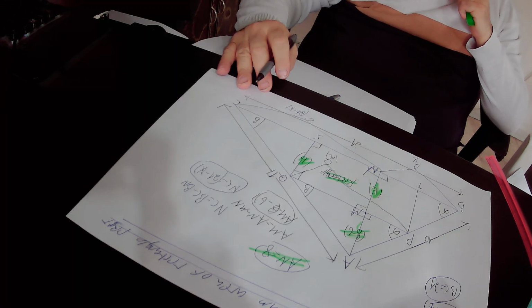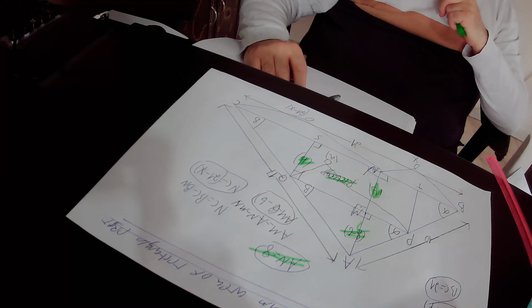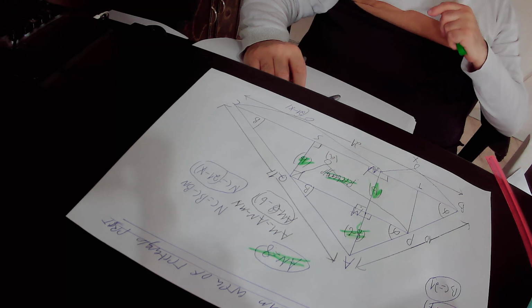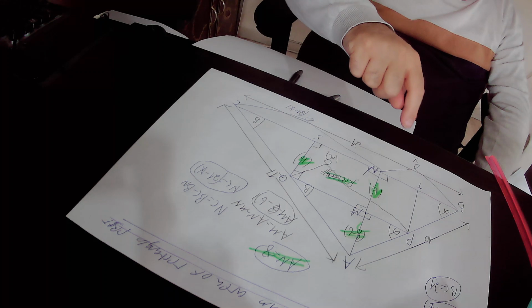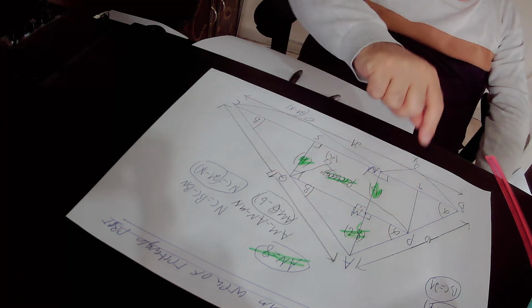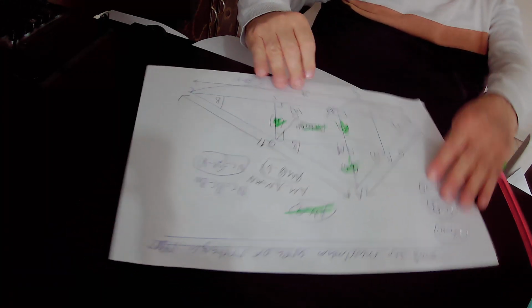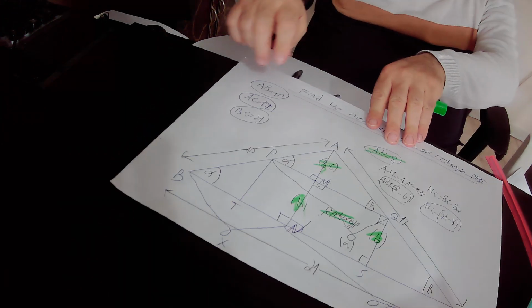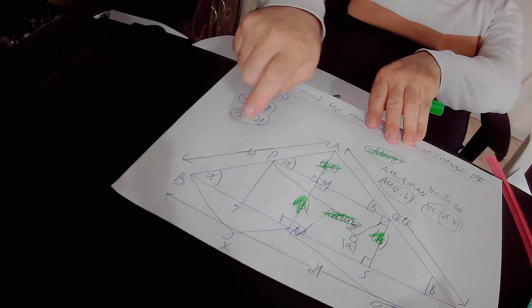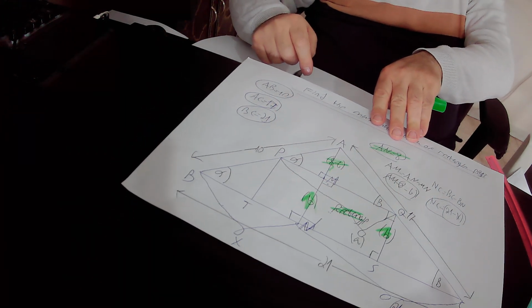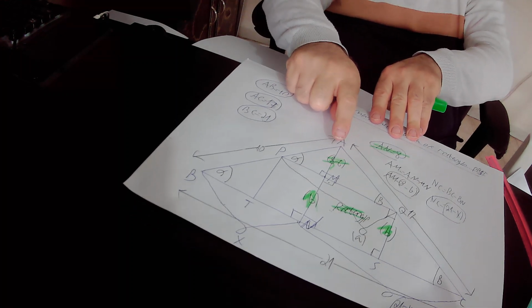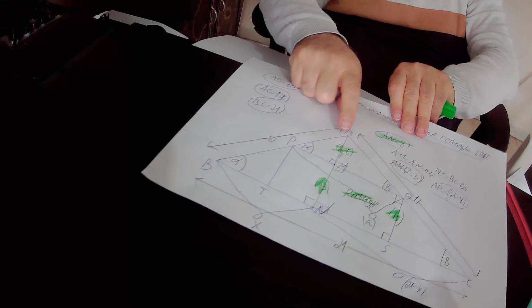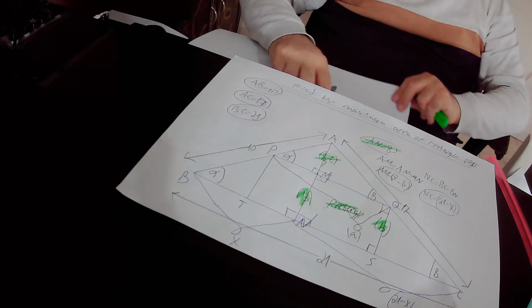Okay. In the next step, we prove that the big triangle ABC is similar to this small triangle, triangle APQ. So write it down.